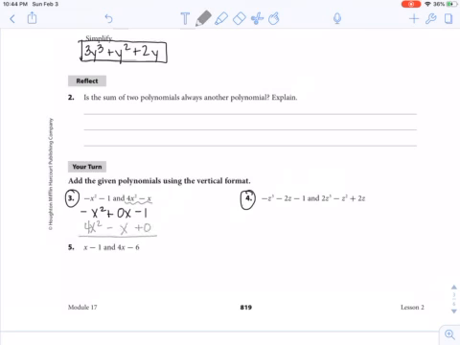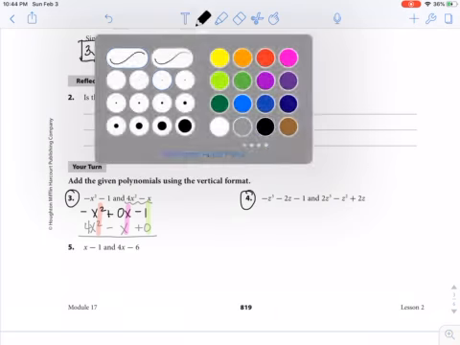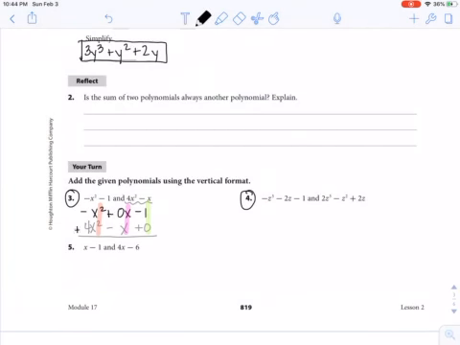When I get those lined up, I'm going to make sure that I'm aligned. So I have x squared, I have x, and I have my constants. And so here I'm adding negative x squared plus 4x squared, so I have 3x squared. I have 0 minus 1x, so I have minus x minus 1. And so my simplified answer is going to be 3x squared minus x minus 1.